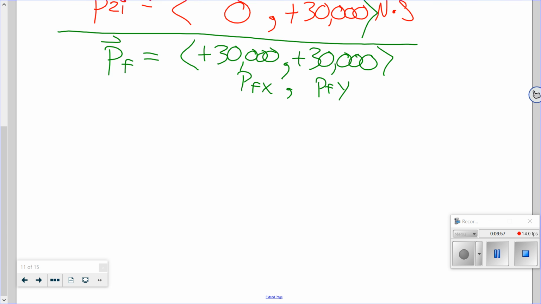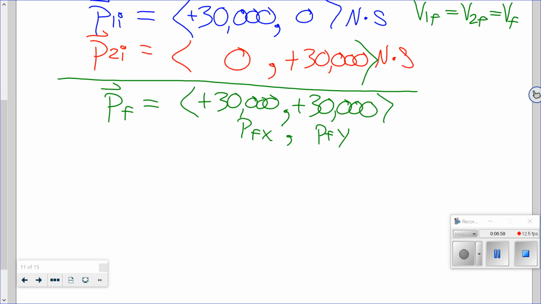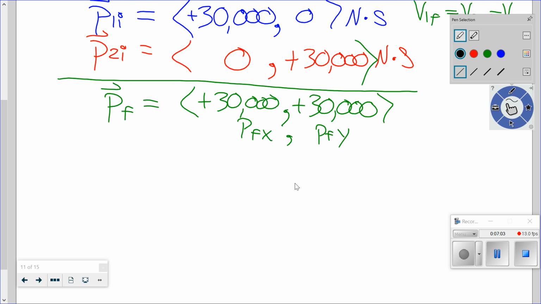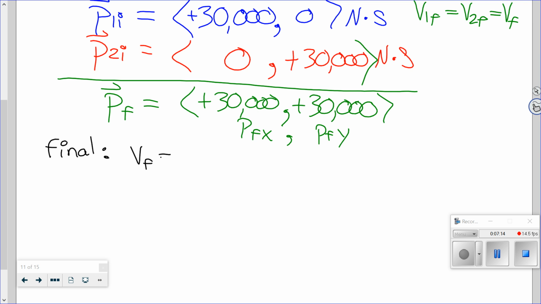Okay, so we added our vectors together. We're in the final stage now. So it's a combined object, like Landon said. So V final is just P final divided by the total mass.